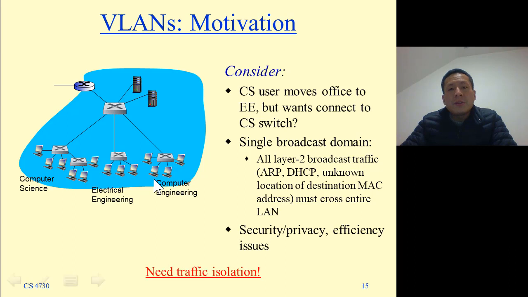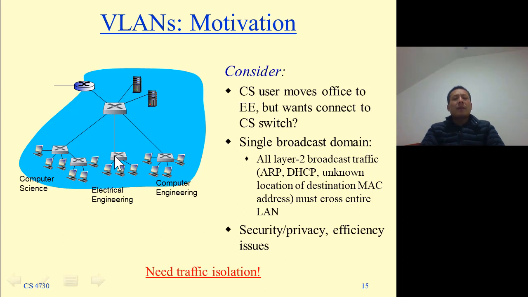Consider the scenario where a computer science user moves offices to EE and wants to connect to the CS switches. If you want to make this happen, there has to be a single broadcast domain, which means all the layer 2 broadcast traffic must cross the entire network.